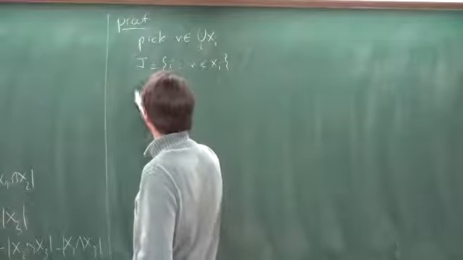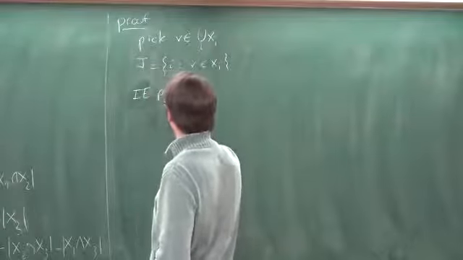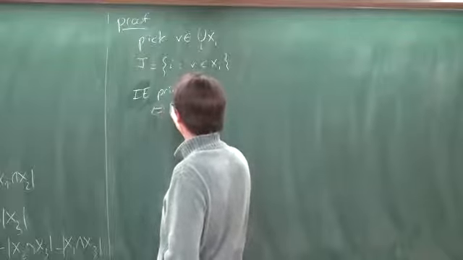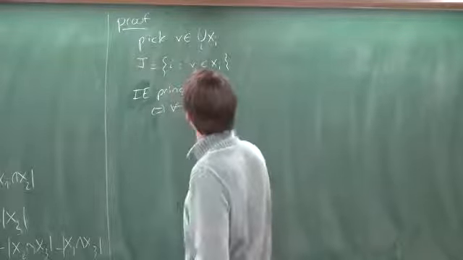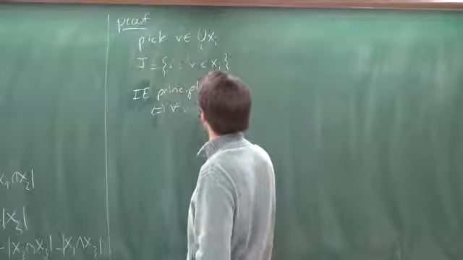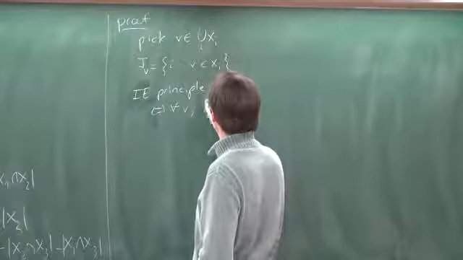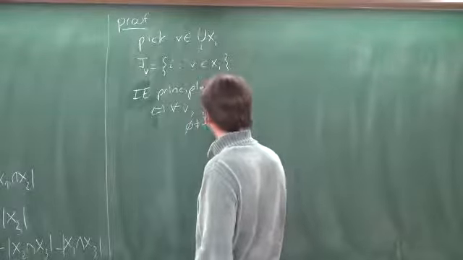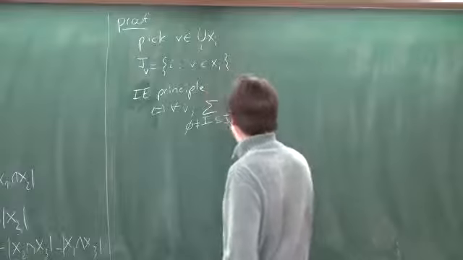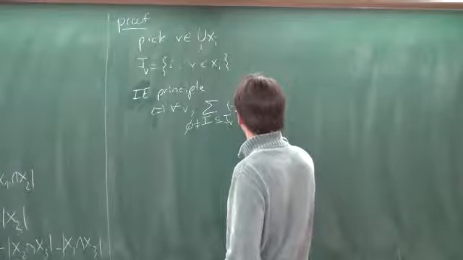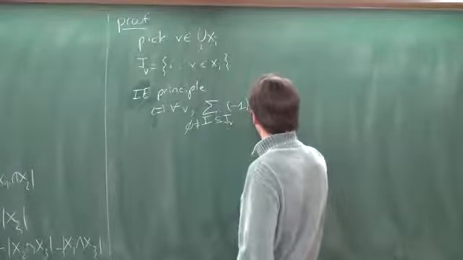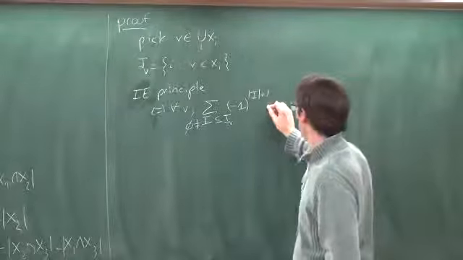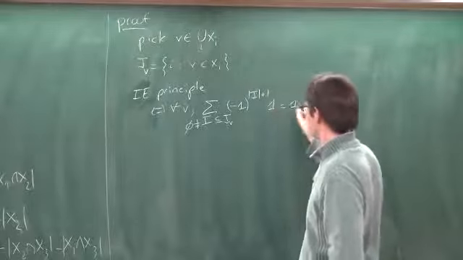And so the condition will be the same as saying that for any v, the sum over I different from the empty set and contained in J(v) of minus 1 to the size of I plus 1 times 1 is equal to 1.